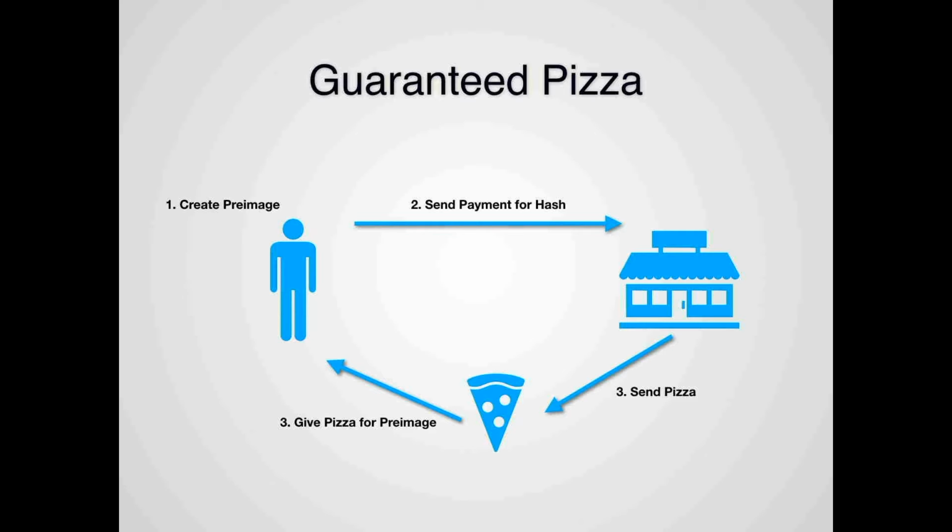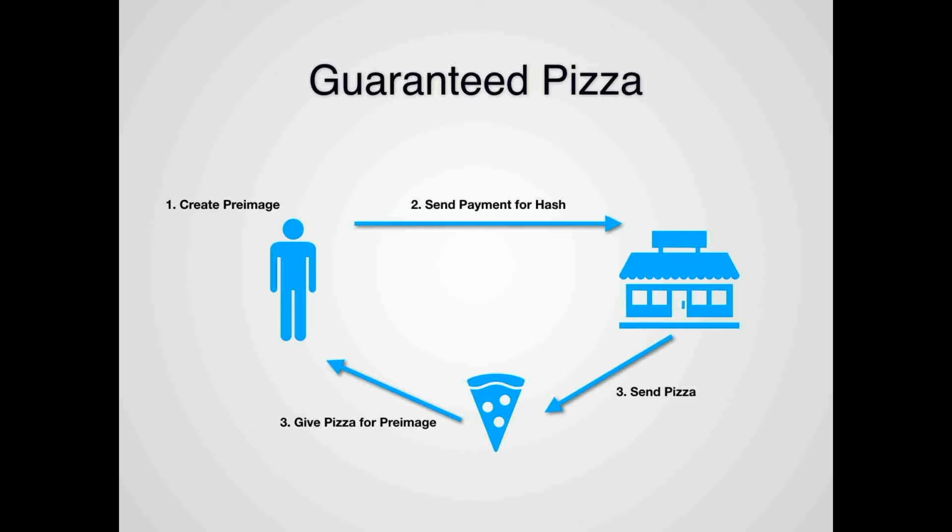It's this concept of guaranteed pizza, where you order pizza from a pizza shop, but you pay them with an HTLC that you control the pre-image for. So the pizza shop has this HTLC. They can guarantee that they're going to get paid, but they don't have the pre-image, so they can't collect payment yet. And it's not until they deliver the pizza to you that you give them the pre-image. They can then redeem the HTLC. They get paid. You get pizza.